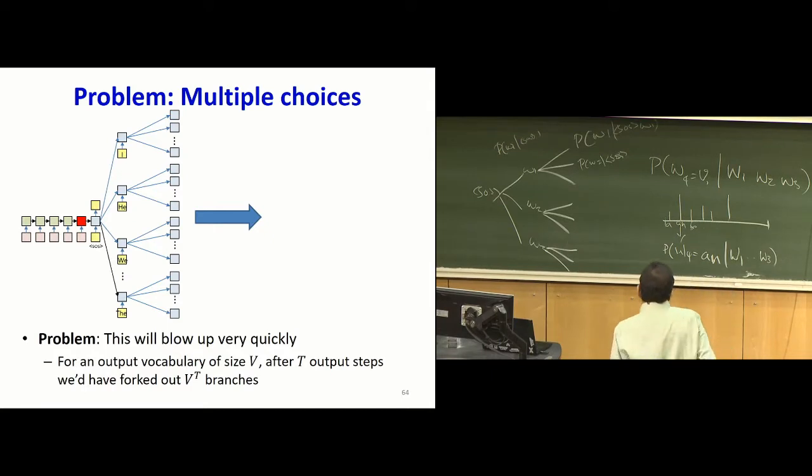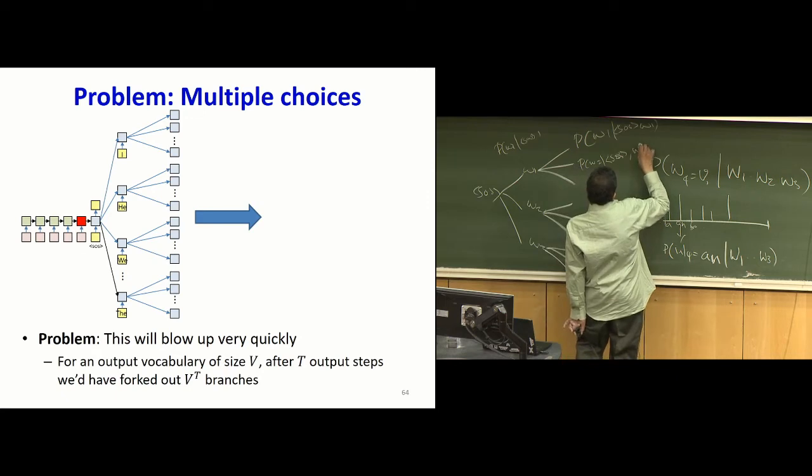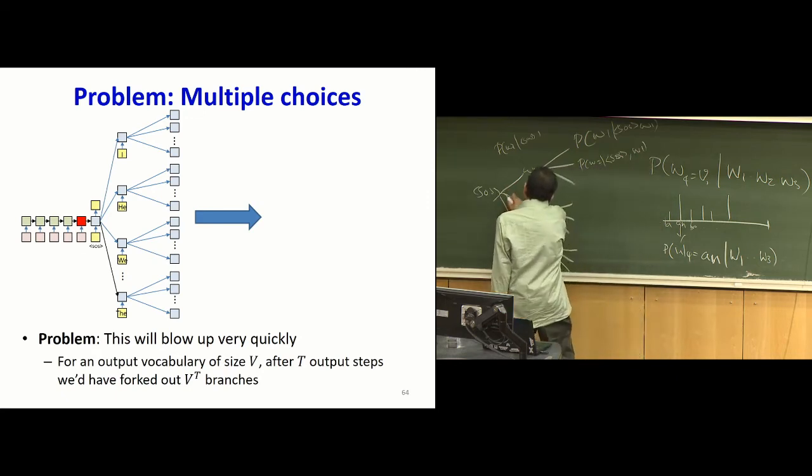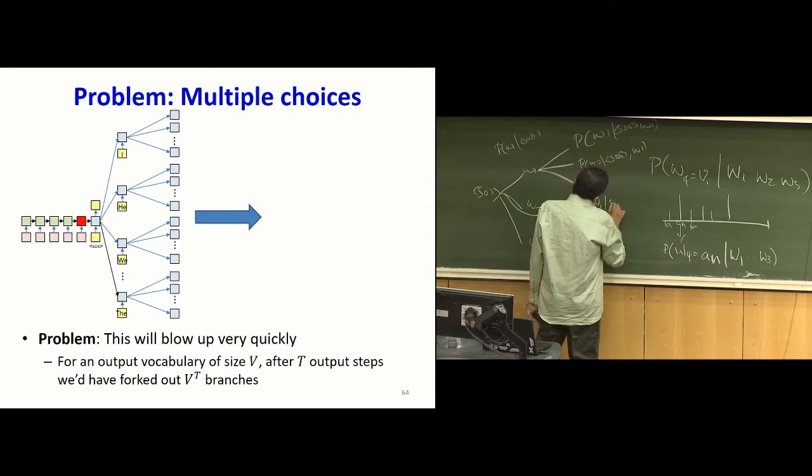So here, for example, this is going to be the probability of W2 given SOS and W1, and so on. If you take this path, this is going to give you probability of W1 given SOS and W2 as the first word in the sequence.